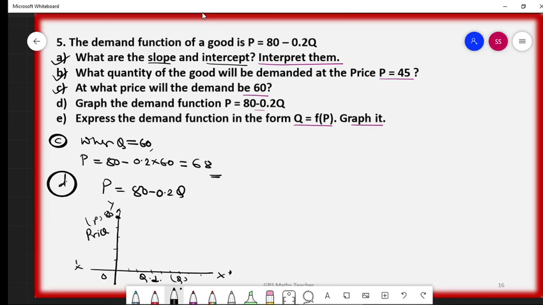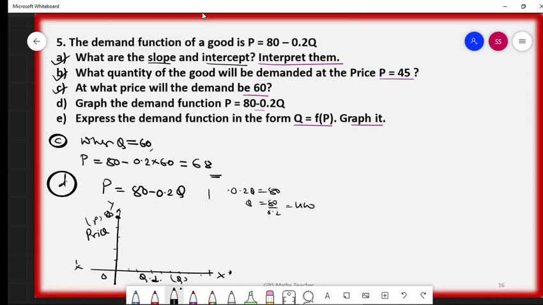And if P is 0, then what will be the Q? If P is 0, 0.2 Q equal 80, and Q equal 80 divided by 0.2. If you find this much only, you can also draw the graph. 80 divided by 0.2 is 400.